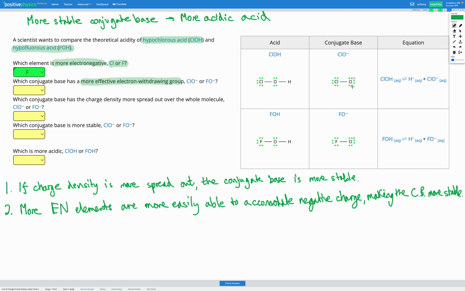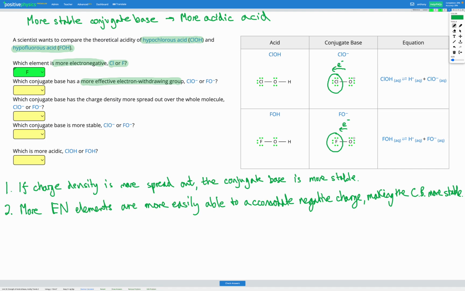This oxygen is attached to a chlorine, and this oxygen is attached to a fluorine. These are called electron withdrawing groups. If they're very electronegative, they're going to be more effective at pulling the extra electrons closer towards them, meaning that the charge will be more spread out over the whole molecule instead of just sitting on the oxygen.